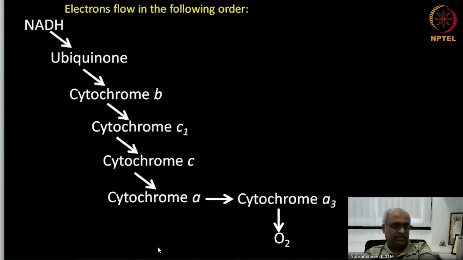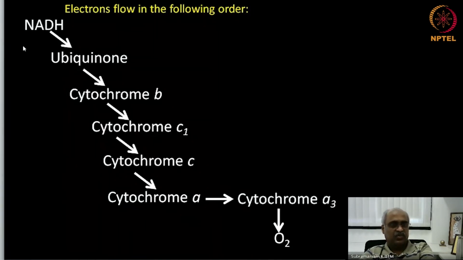That is another method. And third, by using inhibitors that inhibit electron flow in the chain of electron carriers. If you inhibit at a step, then all the electron carriers before that will be reduced and all the ones after that will be oxidized. So by these three experimental means, people have deduced the sequence shown in this slide.